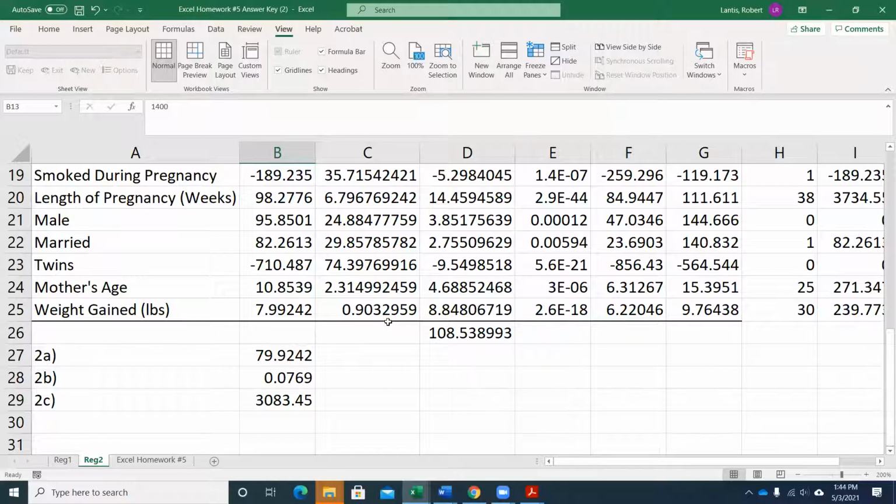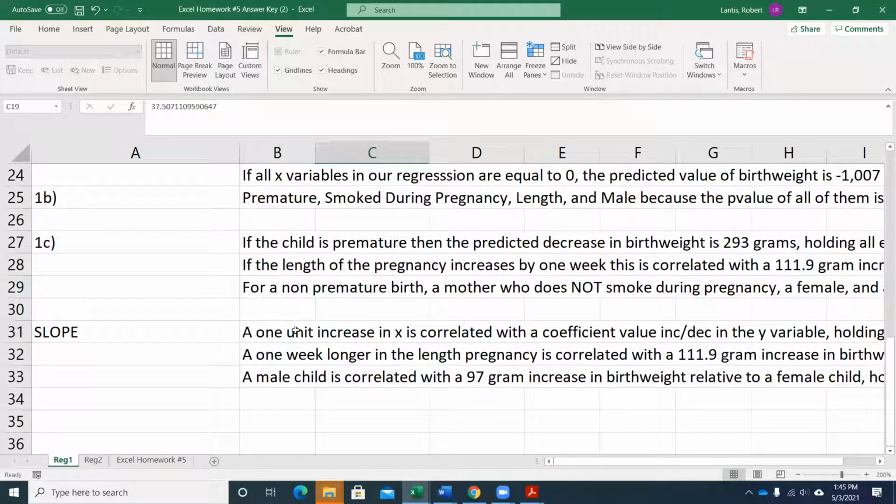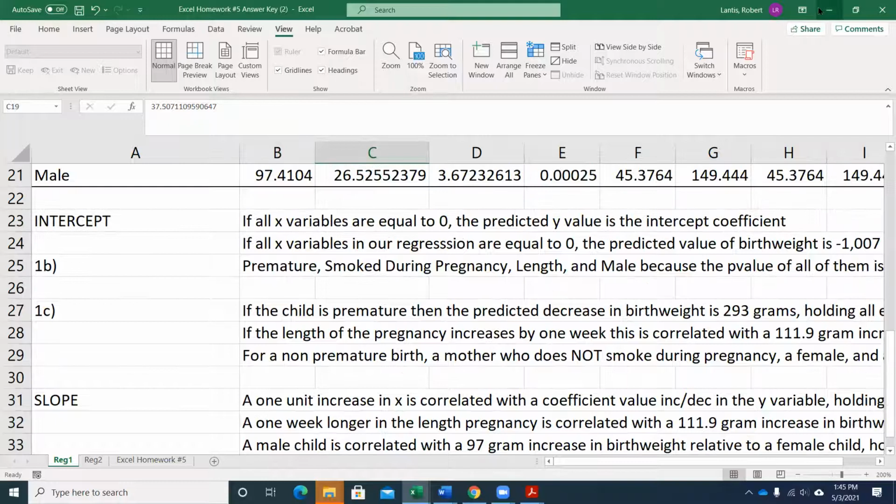If you want to see a really detailed, correctly worked-out answer with precise interpretations, I would look at that Excel answer key as a good blueprint for how to approach the linear regression questions on the exam.